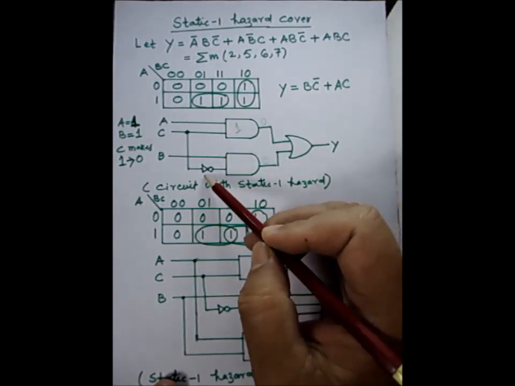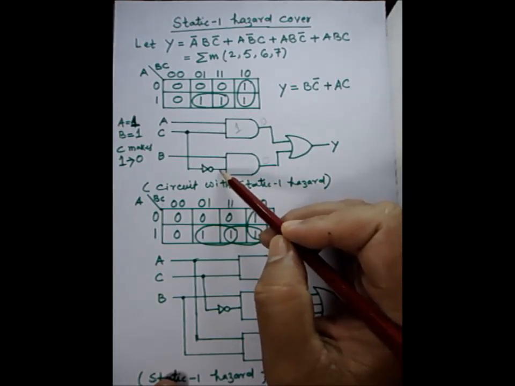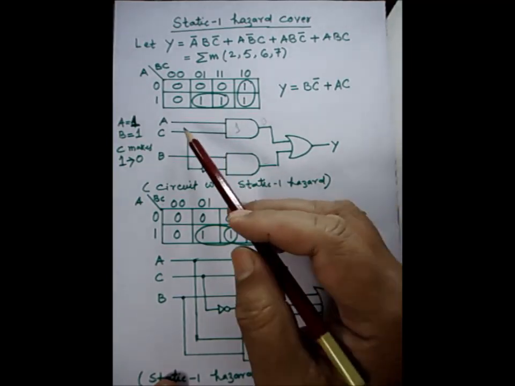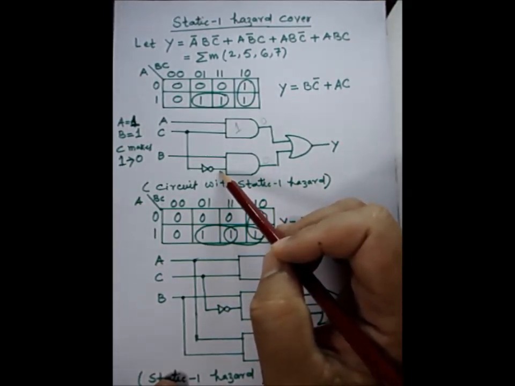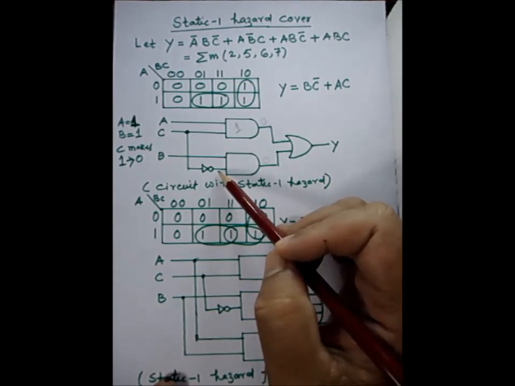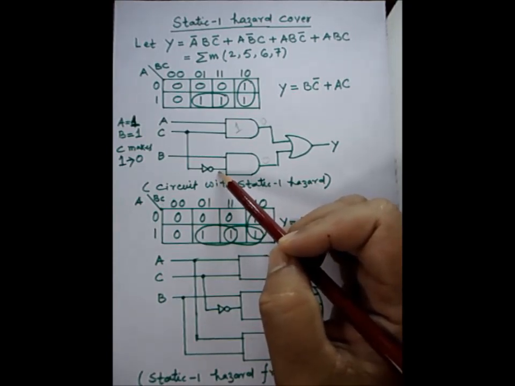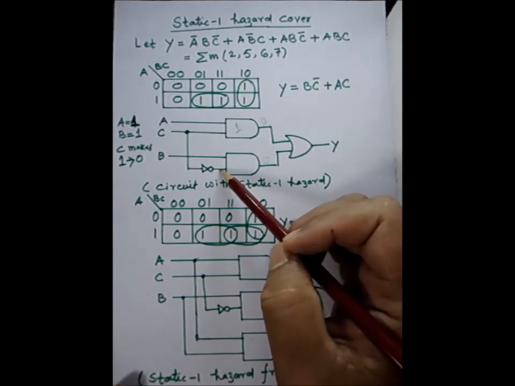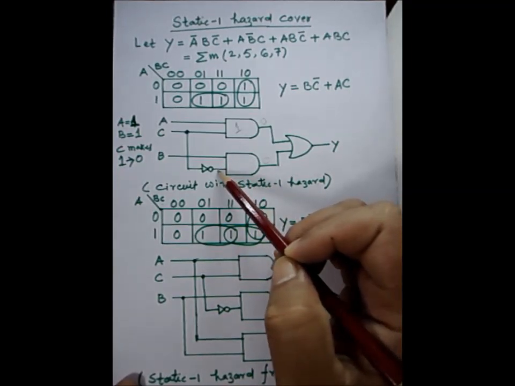Now, because of the delay in the NOT gate, the complement of C, which was 0, remains 0 for a while, because when C becomes 0, the complement of C does not become 1 immediately because of the delay in the NOT gate. As a result, B is equal to 1, one input to the AND gate, and the other input remains 0 for a while.